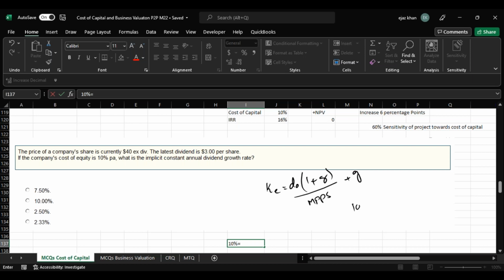So cost of equity, which is 10%, is equal to D naught, which is the current dividend. The current dividend is $3. 3 into 1 plus G. We don't know the growth rate at the moment. The market price is, what's the market price? It's 40, plus growth.